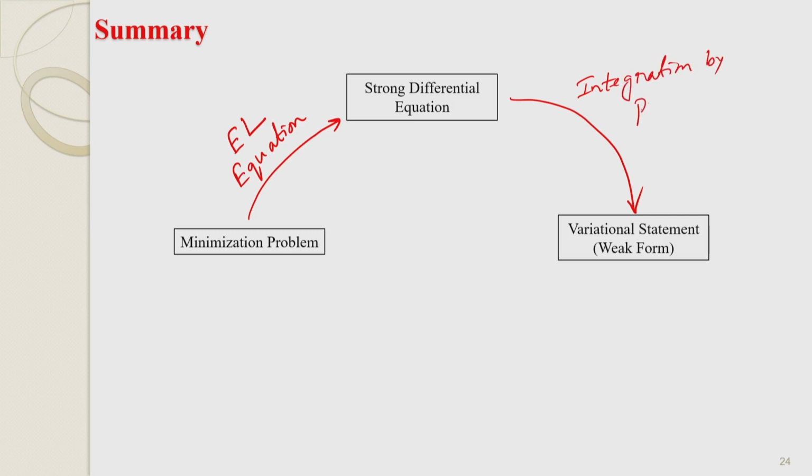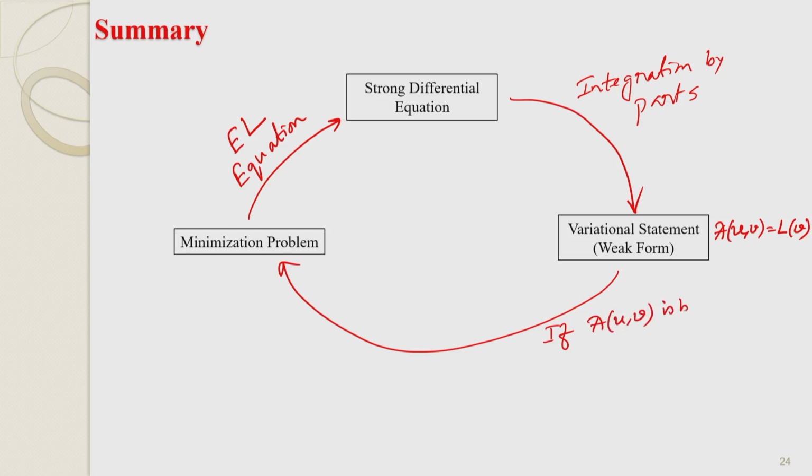And from the variational statement we get the minimization problem if the variational statement we can write in abstract form as A u v equal to L v, if A u v is bilinear and symmetric and L v is linear, then only we can get the minimization problem.